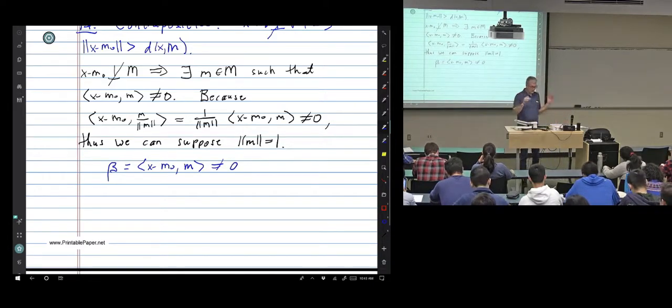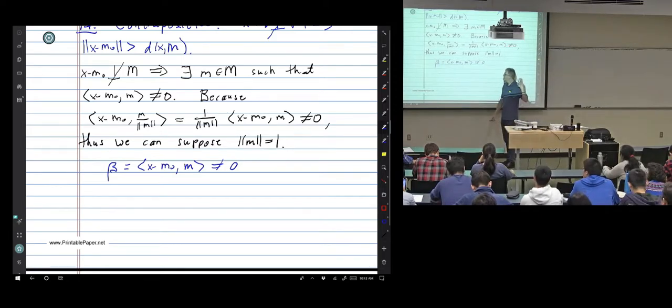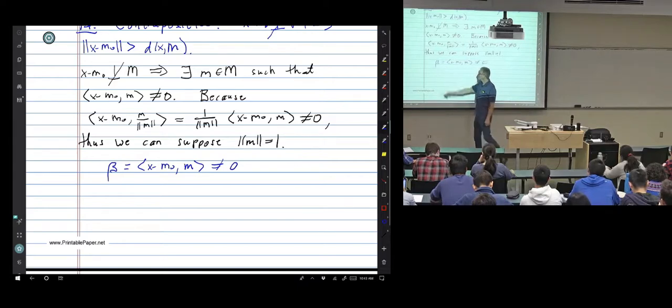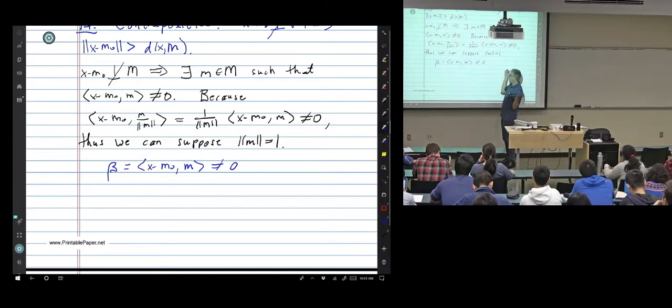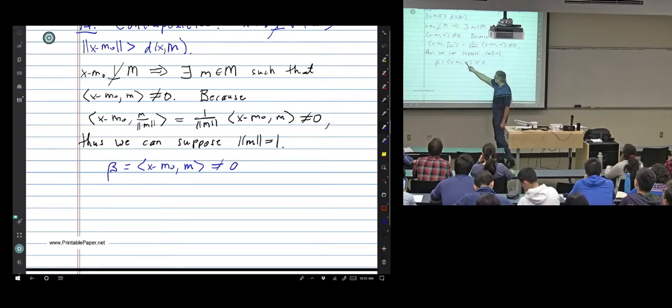Could be positive, could be negative. I'm going to draw my picture in just a moment, assuming beta is positive. And notice I can assume that if I want, because if beta is negative, then I replace m with minus m, and then beta is positive.